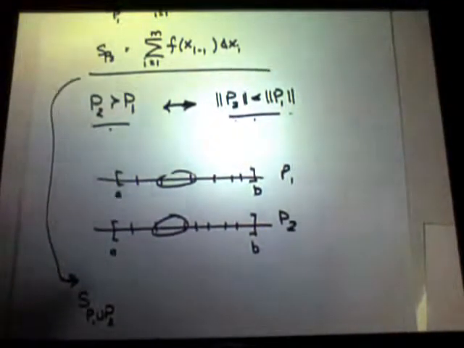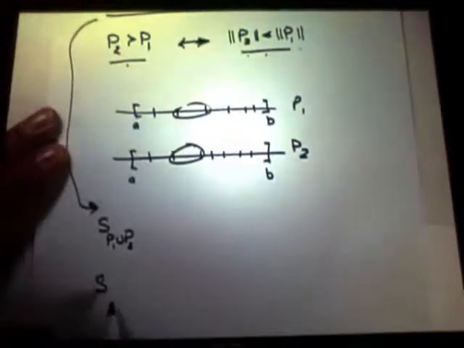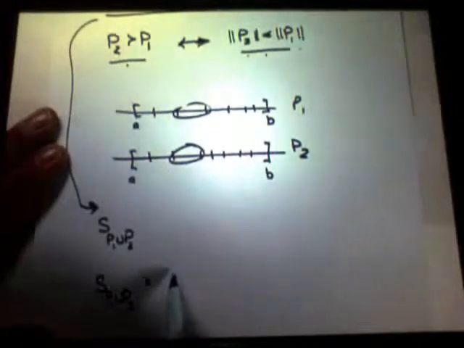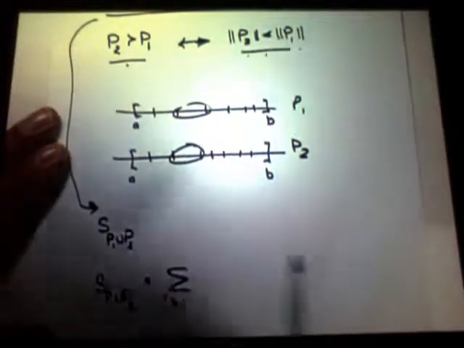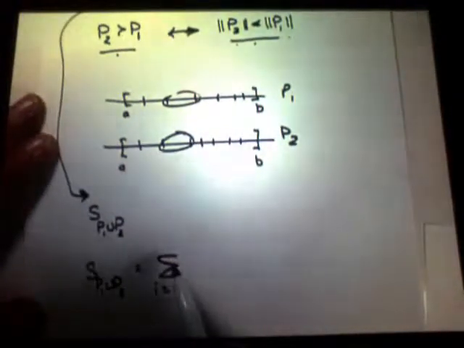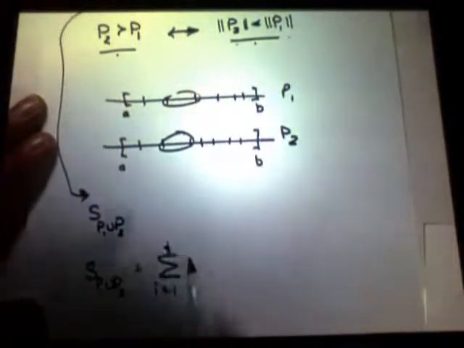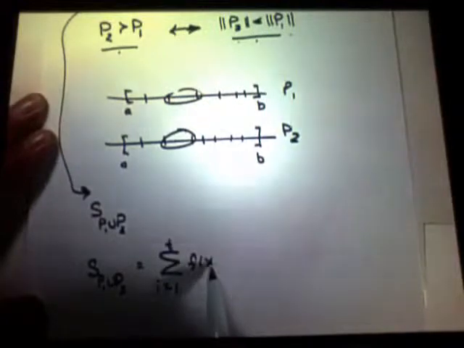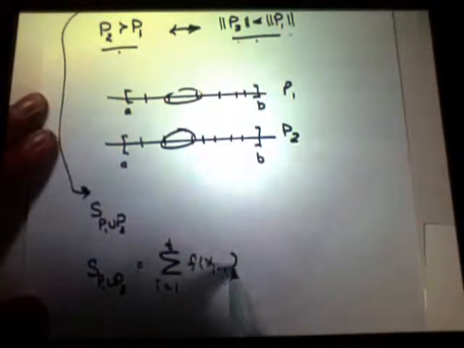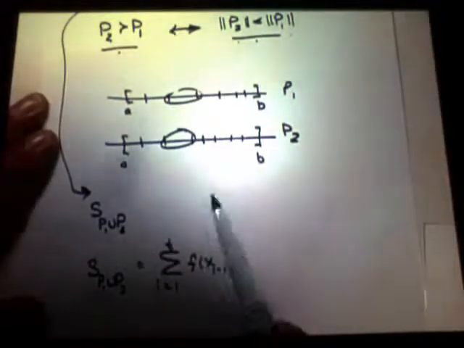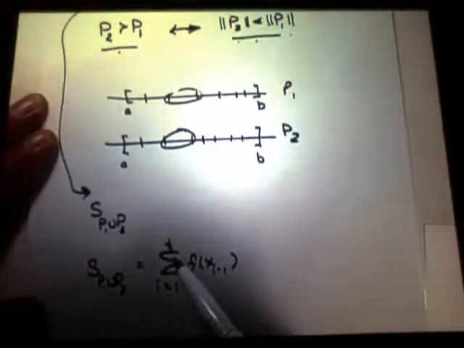How close would then S sub P1 union P2 be, which is the sum from i equals 1 to not necessarily n plus n, because there could be some repeated points, right? We have to go to a new index, t, say, f of x sub i minus. T is what, the maximum of everything? No. They could be duplicates, except for one point, and it would be one more than n.